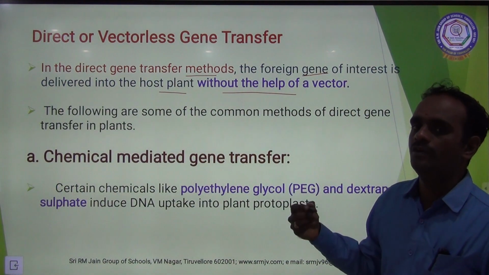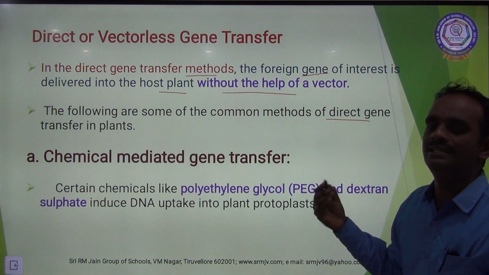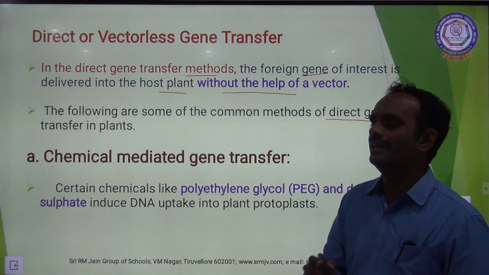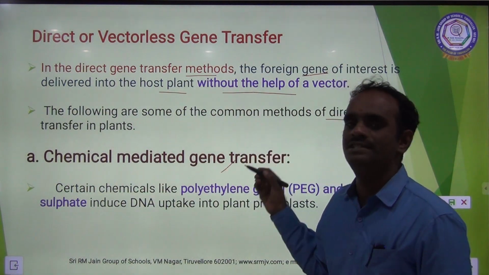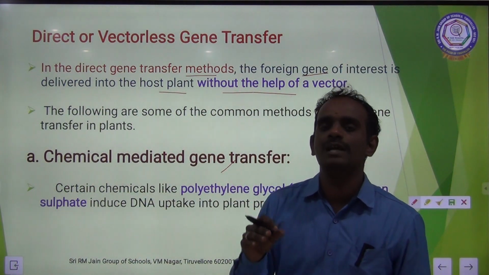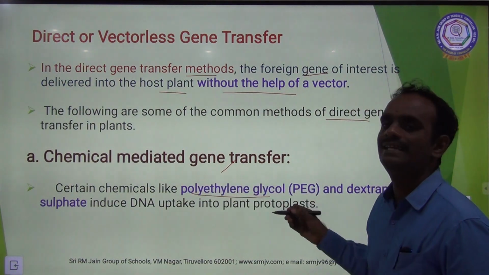There are some common methods of direct gene transfer in plants. The first one is chemical mediated gene transfer, with the help of chemicals such as PEG, polyethylene glycol.